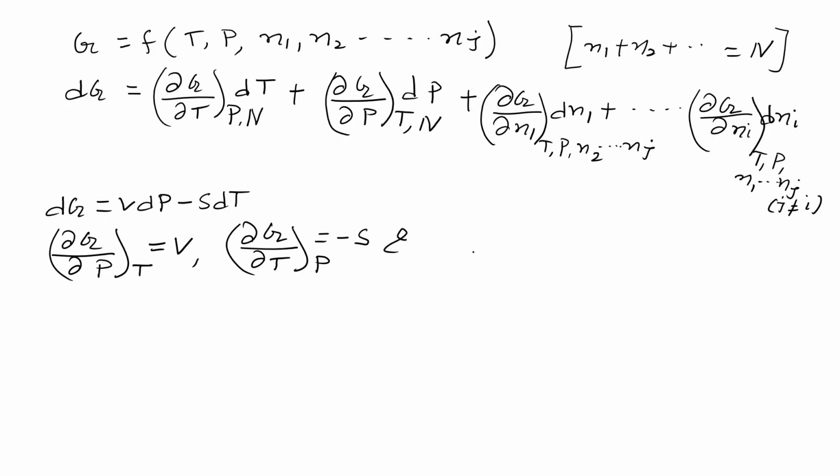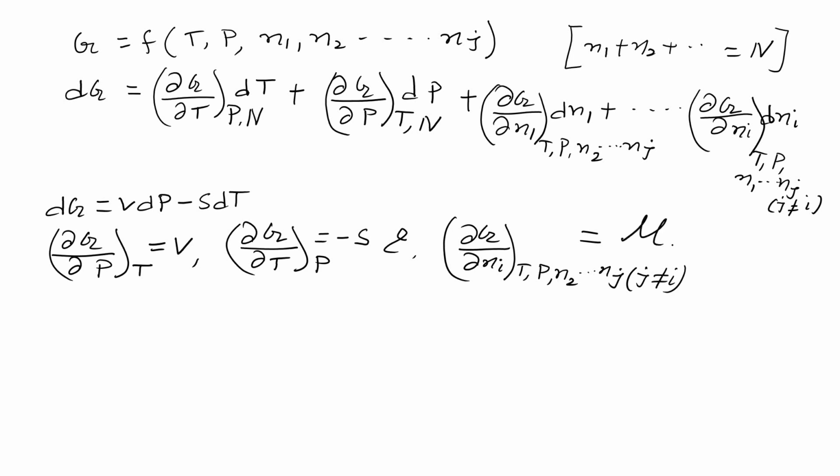And we know that dou G by dou Ni at constant temperature, pressure and composition of the other components, j not equal to i, is equal to the chemical potential of the ith component.